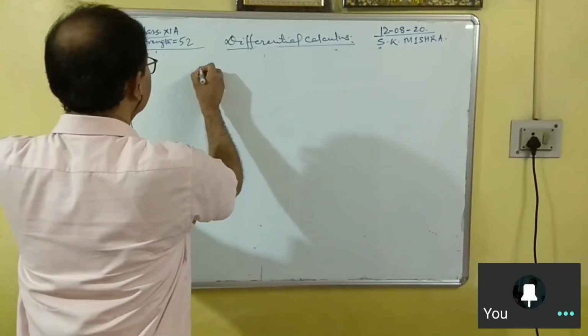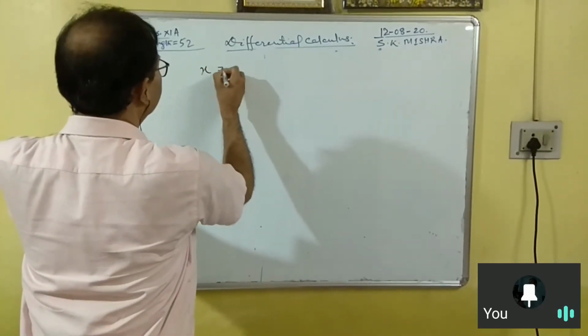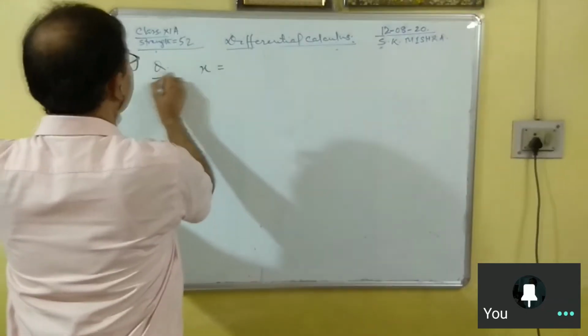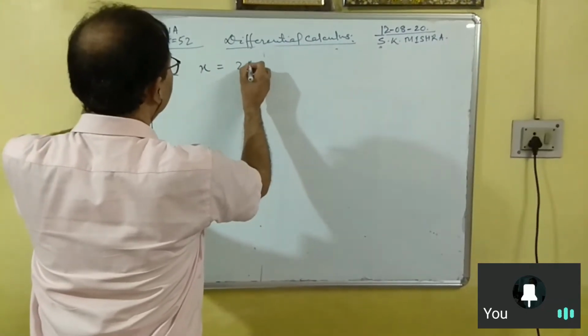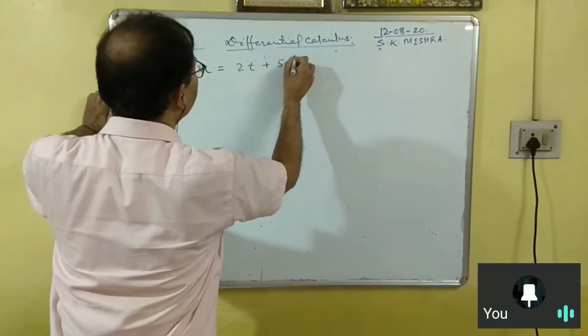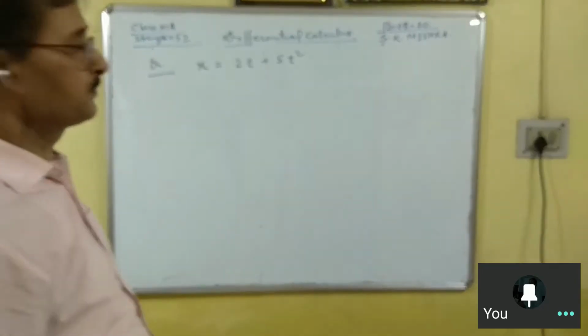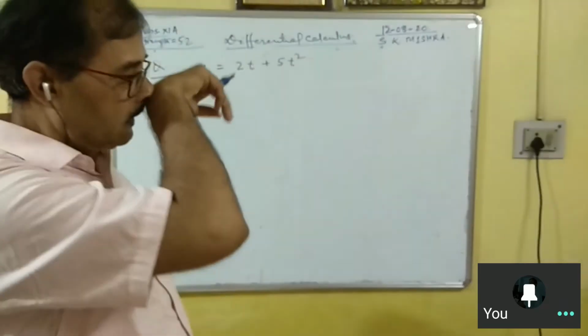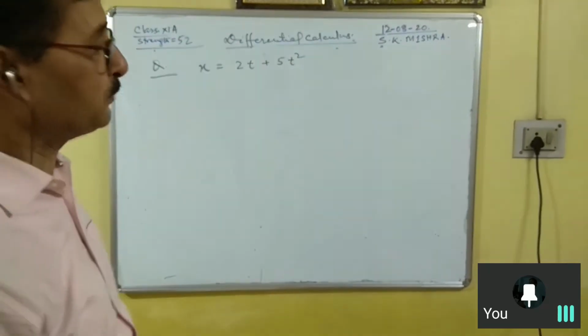Suppose displacement varies with time with the relation x is equal to 2t plus 5t square. Now you have to find velocity, and you have to find acceleration.